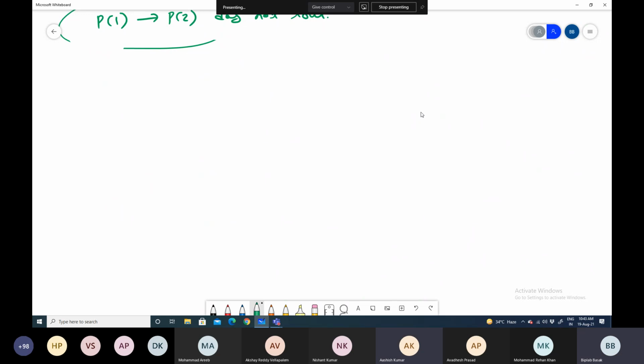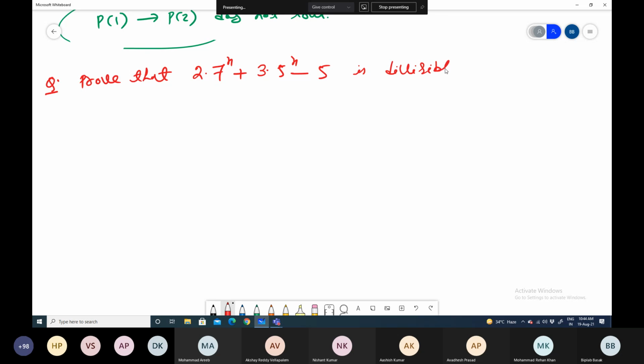Now there are some common problems which you generally face, and you have already seen this kind of problem. For example, by using mathematical induction, you can prove that 2 into 7 to the power n plus 3 into 5 to the power n minus 5 is divisible by 24 for all natural numbers n.